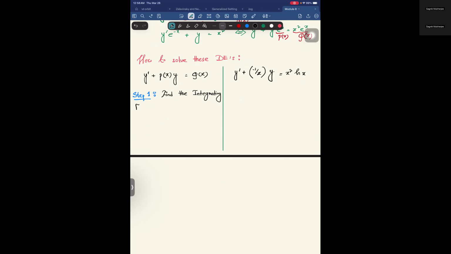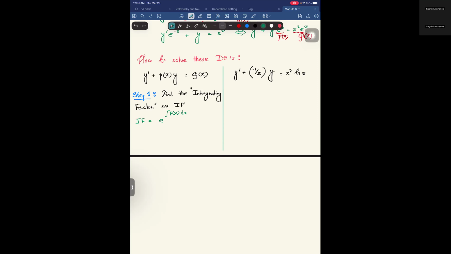Sometimes we call this integrating factor abbreviated as IF. And what is IF? IF is defined to be e power integral px dx, right?